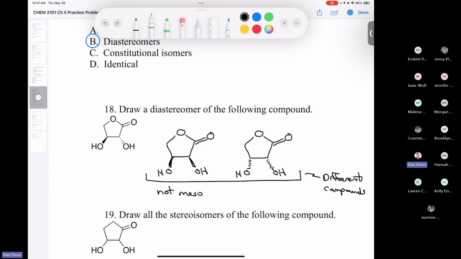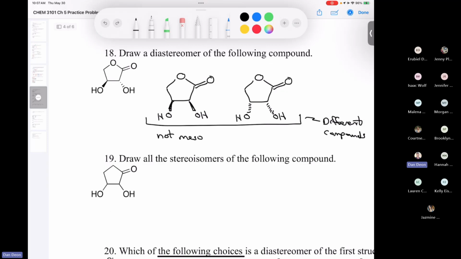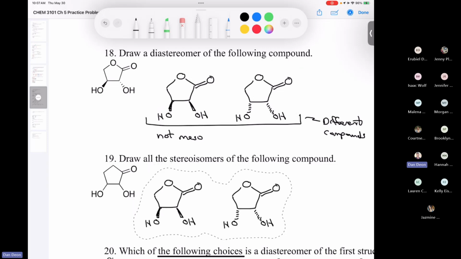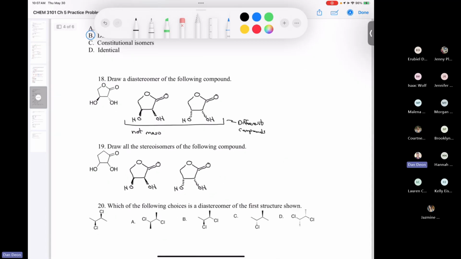Okay, so for the next one, it just asks you to draw all the possible stereoisomers. So I'm going to borrow some of my work from before. So I'll just copy these 2 guys. Let's copy this. We'll paste them in here because those would be 2 of the possible stereoisomers. And then if I have a dash and a wedge and a dash. So let me paste it a second time.